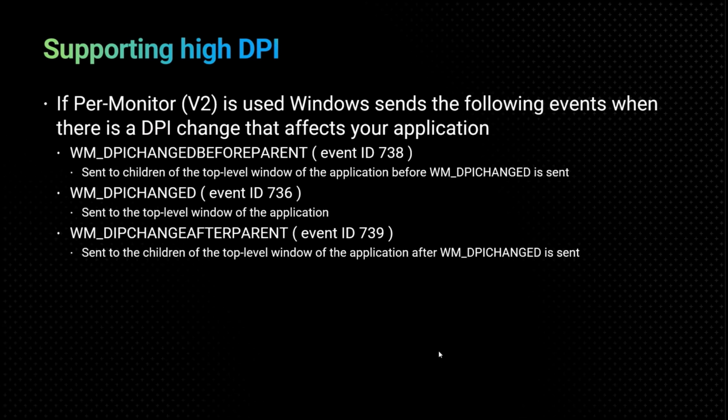So there's a before event, there's an after event, and then there's a DPI changed event. So it's the middle one there you actually care about, because that's sent. These are sent to the children of the top level window. Where you really want to deal with it, I think, is by the top level window of the application, monitoring for the WM_DPICHANGED event.